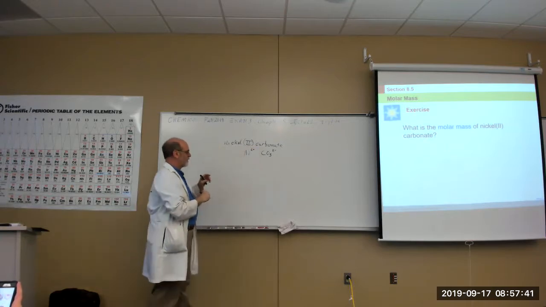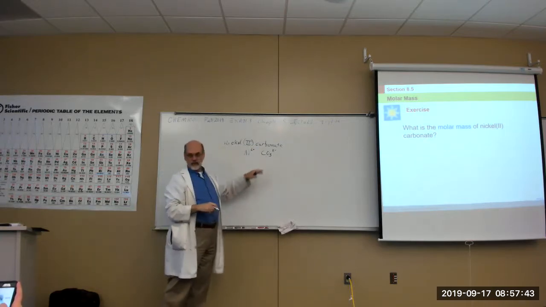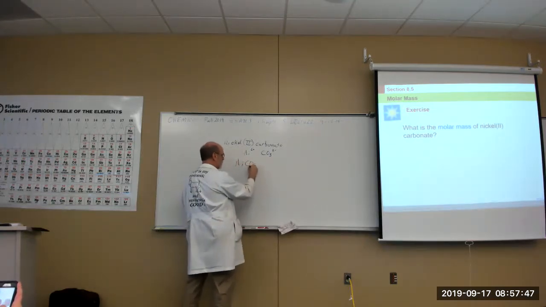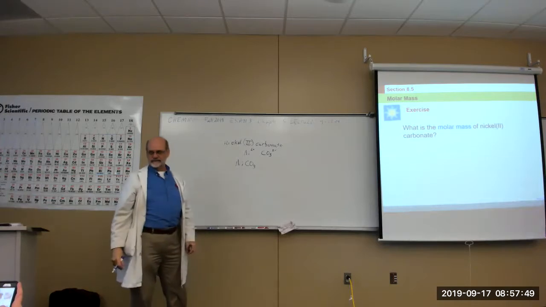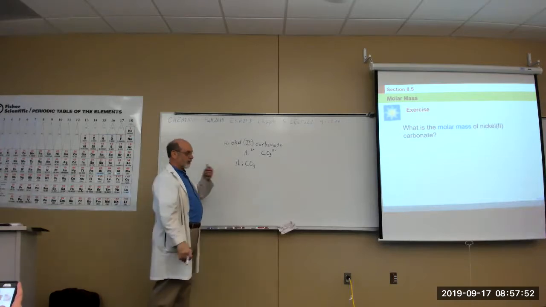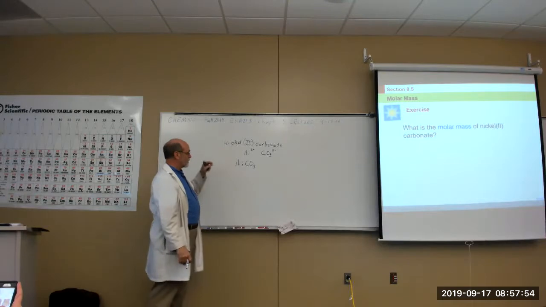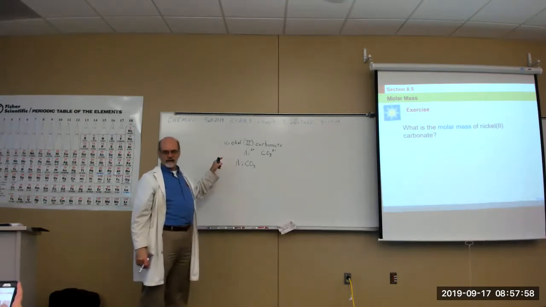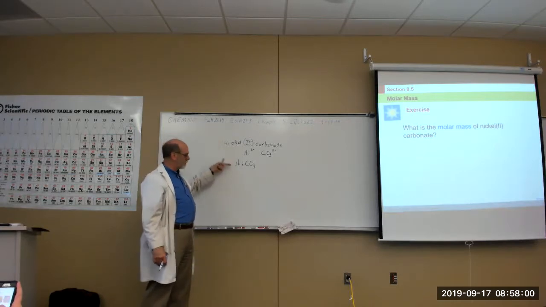So one of these combines with one of those. That's the ratio. So if we write it like this, that's nickel(II) carbonate. Now we can determine the molar mass. Until you write the compound correctly, you can't do the molar mass. You can't do it from the name. You've got to have the formula.